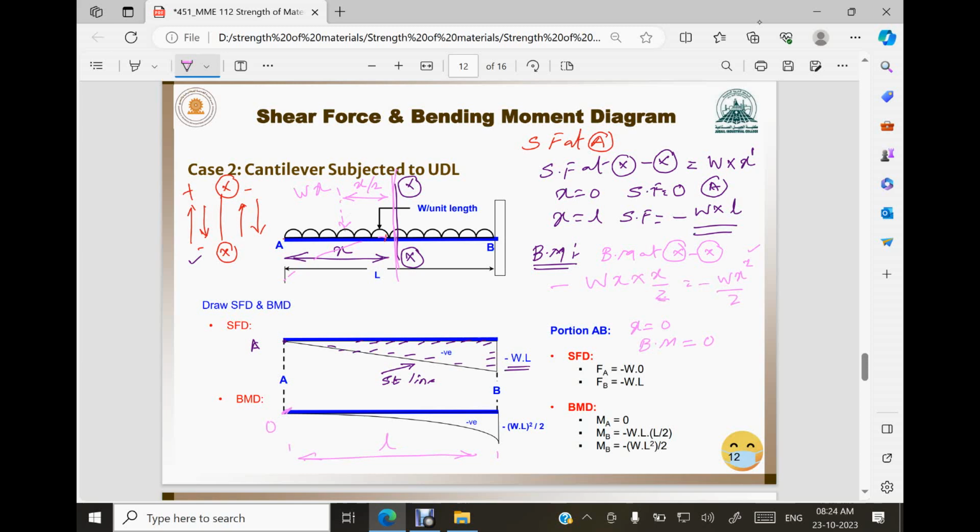When the value of x is equal to L, what will happen to bending moment? Bending moment is equal to minus W L square by 2. Do you see here, since it is a square, it is a parabolic curve. Since it is trying to bend the complete beam down like this, we have got a negative sign.